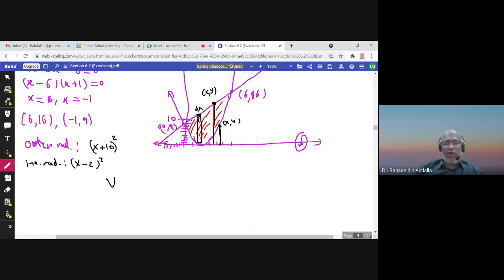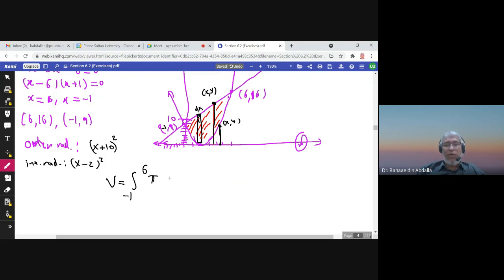And now we can find the volume. x from where to where? This is not 0 and 9, this is negative 1 and 9. x is negative 1 here, and x is 6 here. So it's from negative 1 to 6.